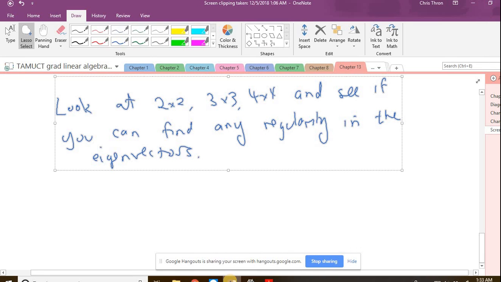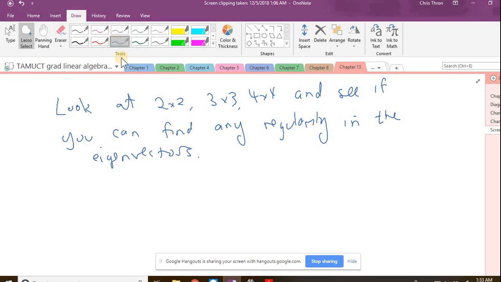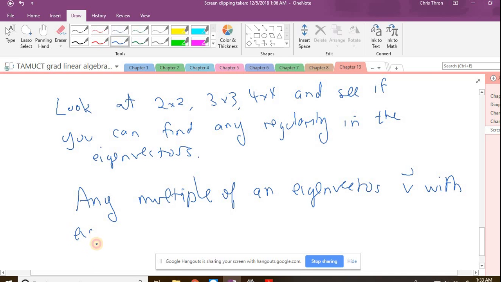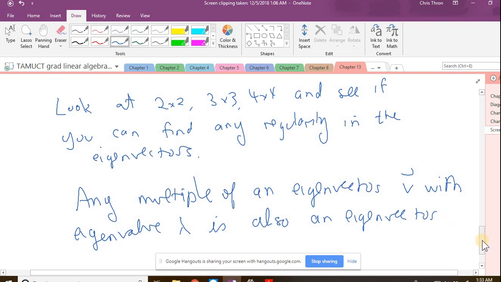The way to say it is that any multiple of an eigenvector, with eigenvalue lambda, is also an eigenvector with the same eigenvalue.